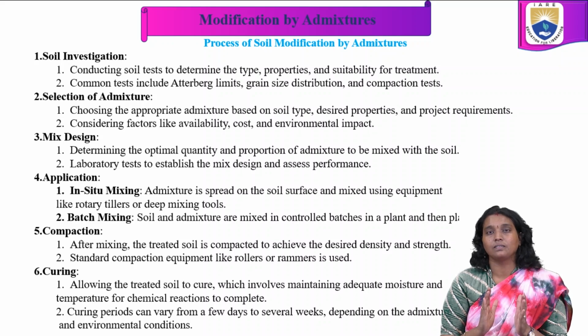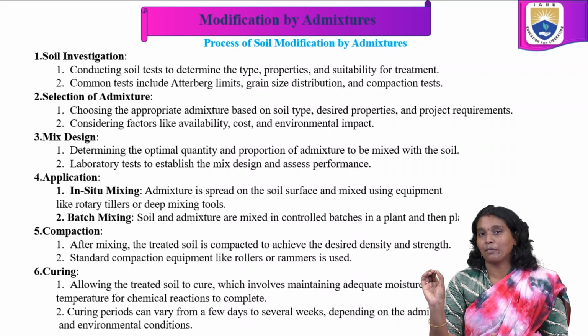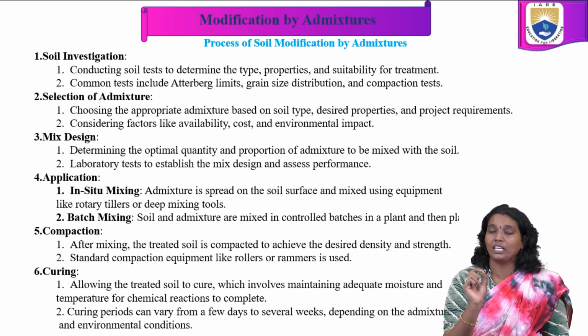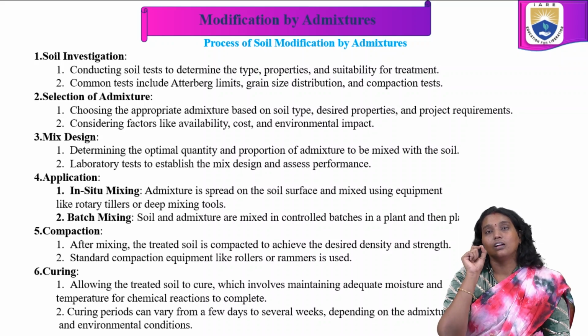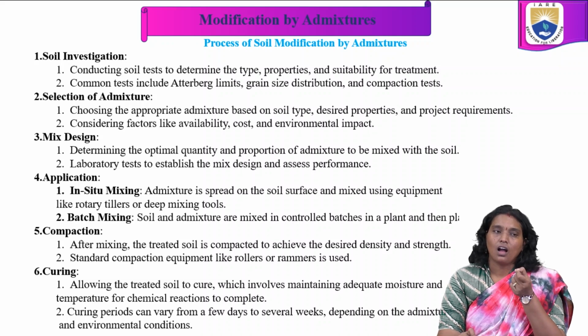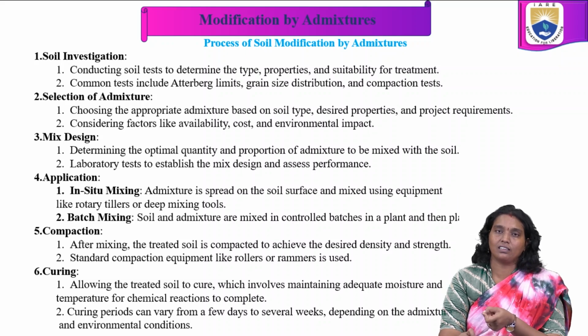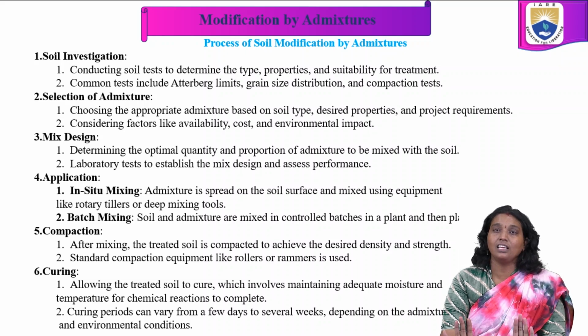If we add some admixture X, which property is going to be affected or modified, and in what percentages. How much dosage we give is also one of the parameters for understanding the soil modification by using these admixtures.